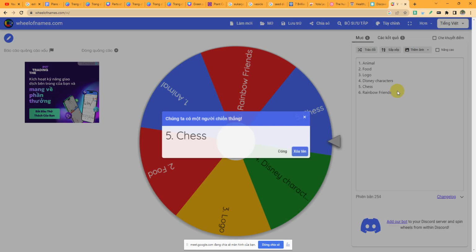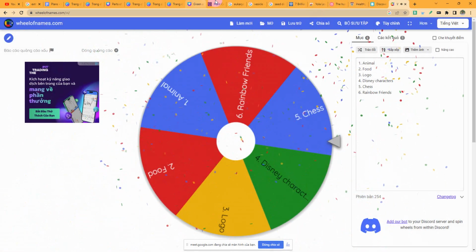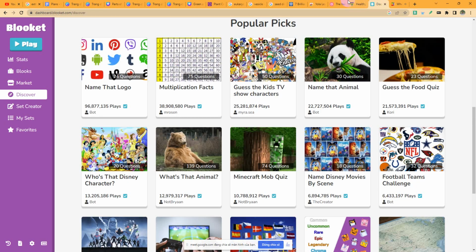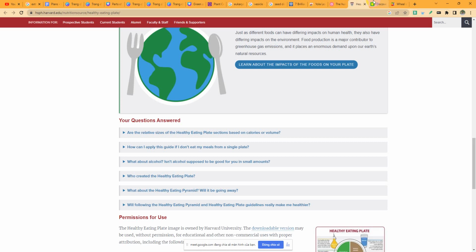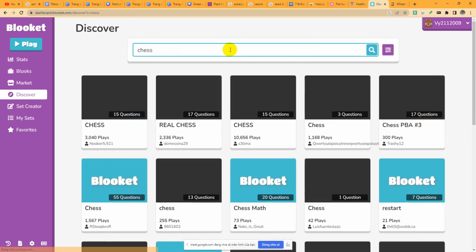It's apparently chess. Finally chess. I think it's not a very interesting topic to play here. But we have to follow the rule, because that's chess.